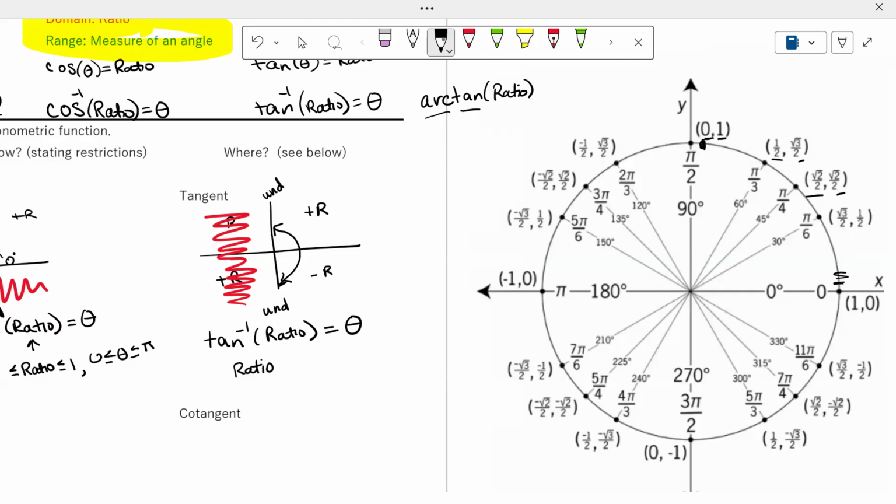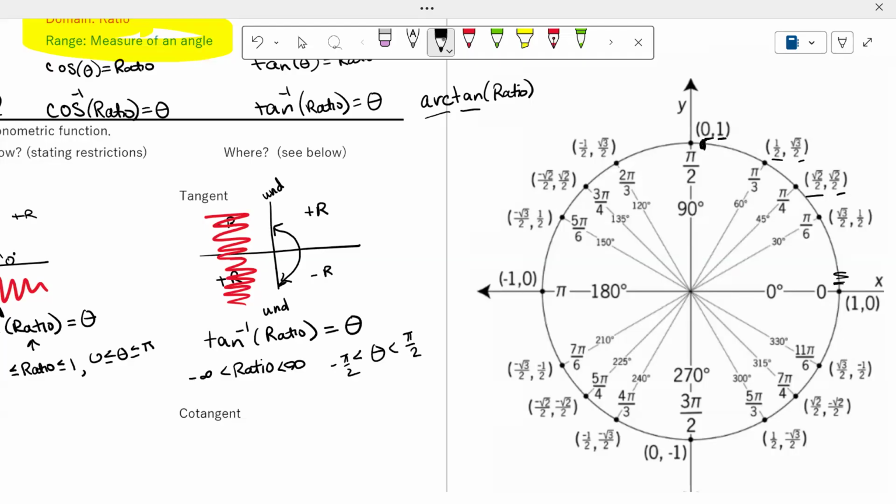So the ratio of that, y over x, will go to positive infinity. So this ratio is actually all real numbers, or negative infinity to infinity, okay? The angle that we're allowing is negative pi over 2 to pi over 2.